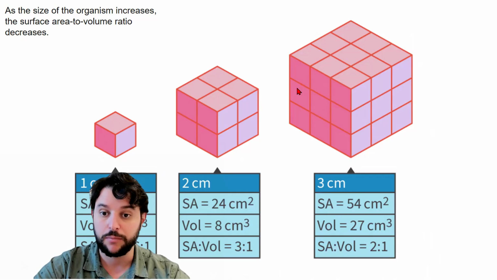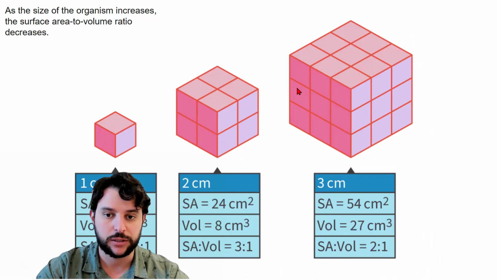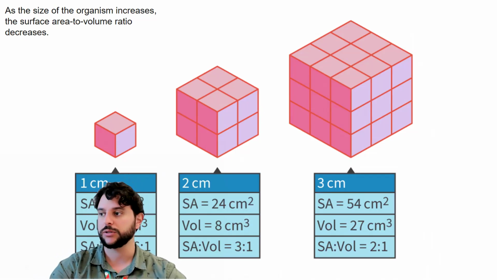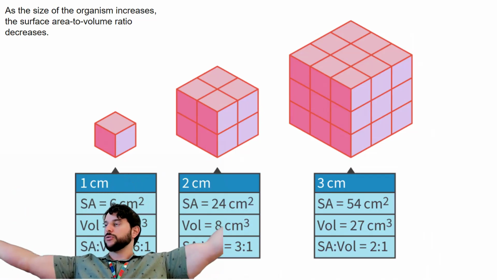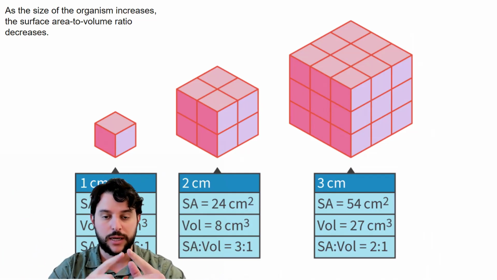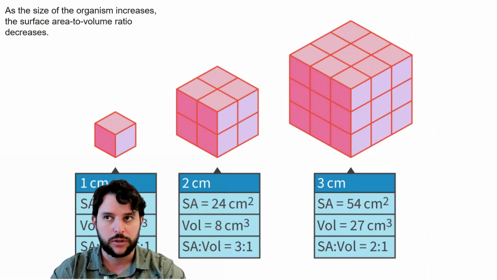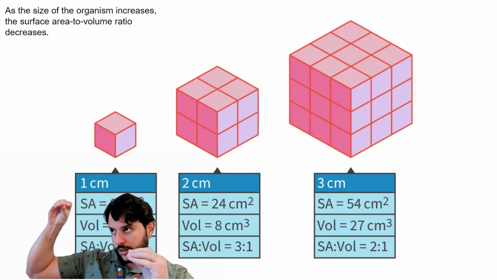And the bigger you are, the more challenging it is. This is the mathematical and physical explanation why cells are small. This is why there are no cells that are large and huge, because it's very difficult to exchange the molecules from the interior to the exterior.